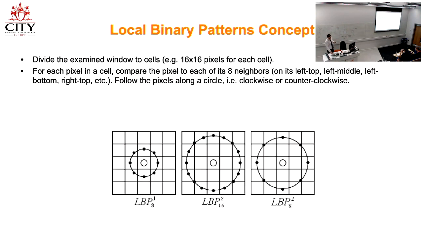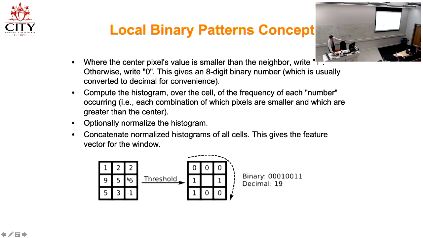One of the ways to use it is LBPs, local binary patterns. The way they work is they encode an area around the center point. For example, if this is your area, you pick a center point and compare its value to its neighbors. Say the center value is 5. 1 is smaller than 5, so this is 0. 2 is smaller than 5, 0. 3 is smaller, 0. 6 is greater than 5, 1, and so on.